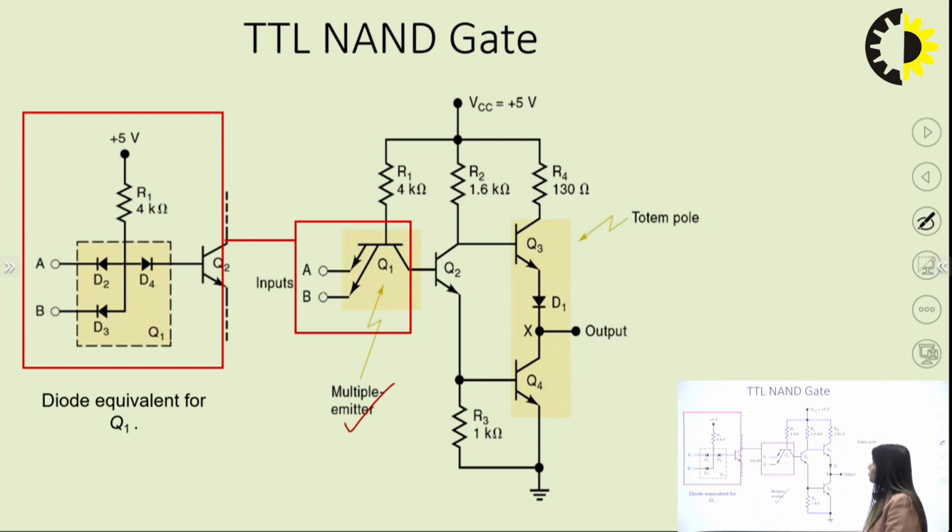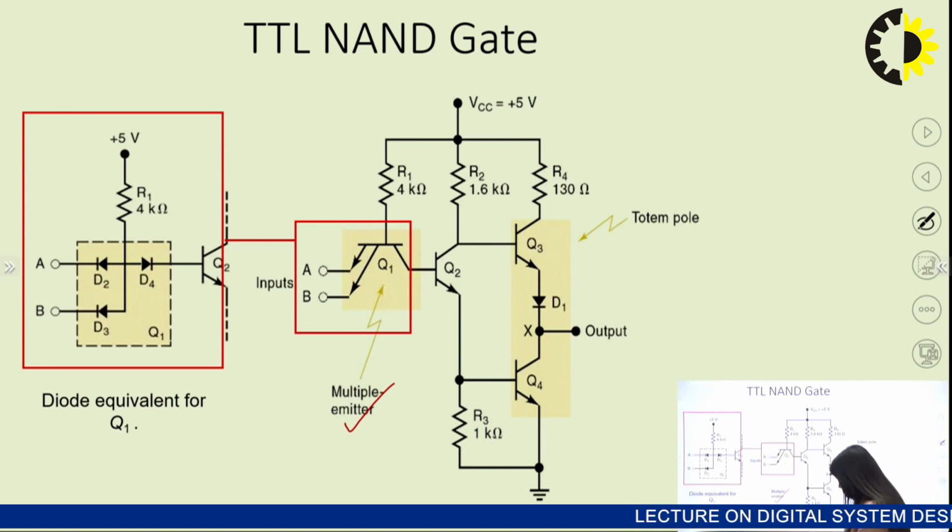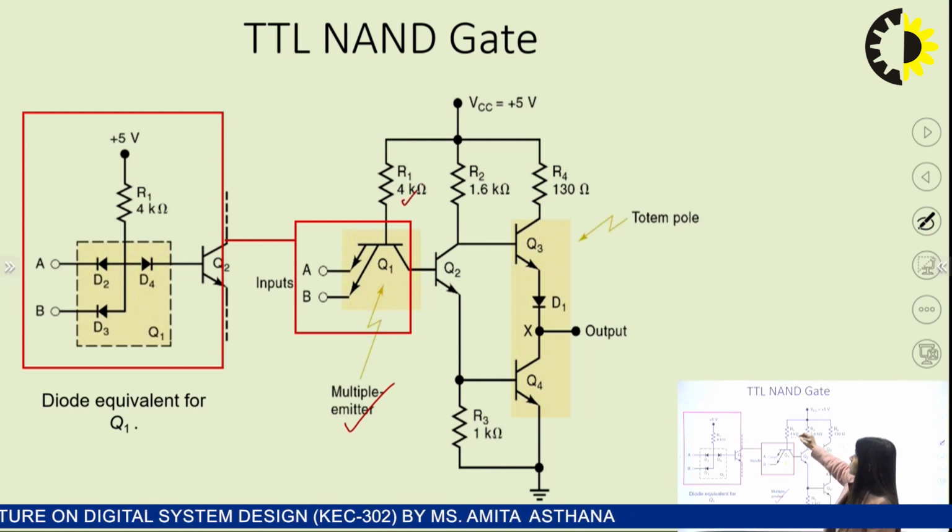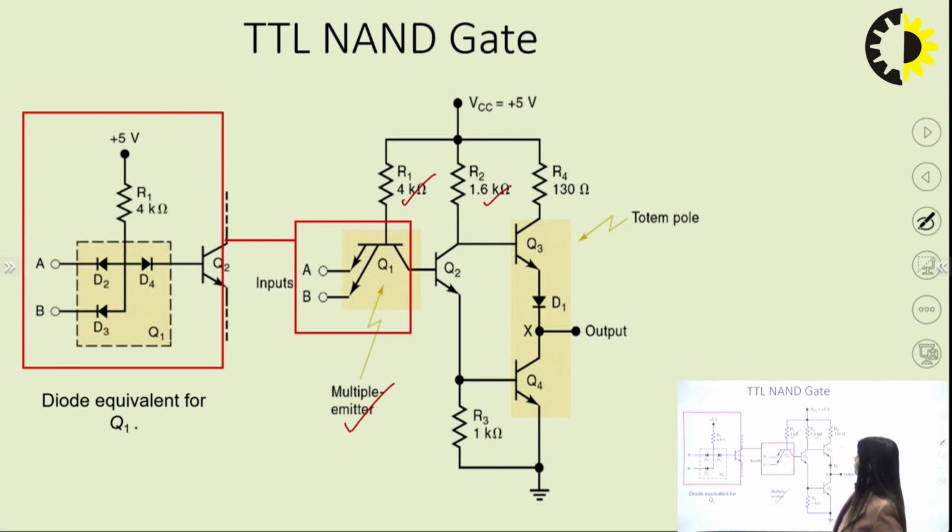Now coming to the basic operation of this TTL NAND gate. We have used some resistances at the base of Q1, the collector of Q2 and the collector of Q3, so some biasing has been given from plus 5 volt. Q1 has been given 2 emitters, and we will provide inputs to these 2 emitters of Q1.